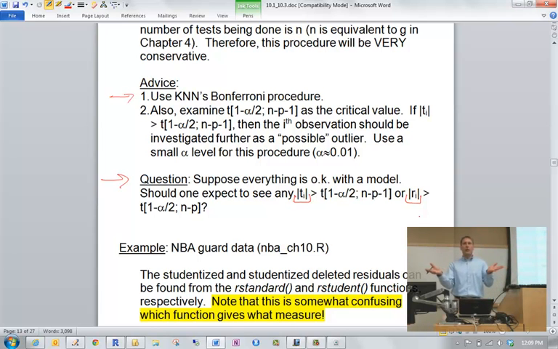So when do I start getting worried? When I have a lot more than 5, or if I have some observations with a T sub i that is very large, say 5 or 10. But if you have some that are just a little bit outside, and you're using alpha 0.05 and there are about 5 of them, that's okay. That should be expected.